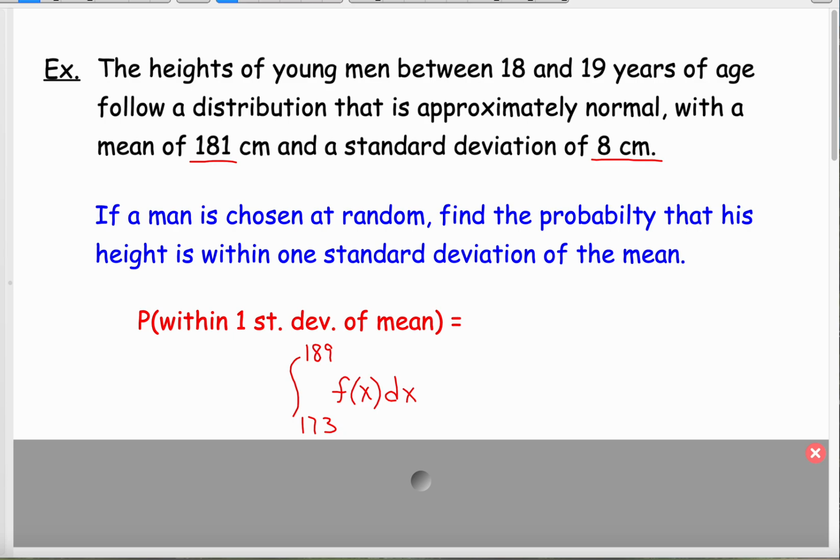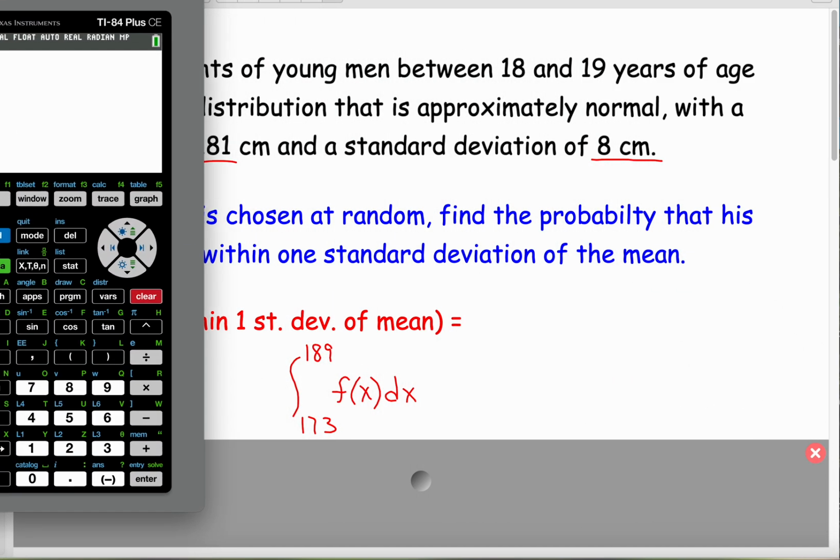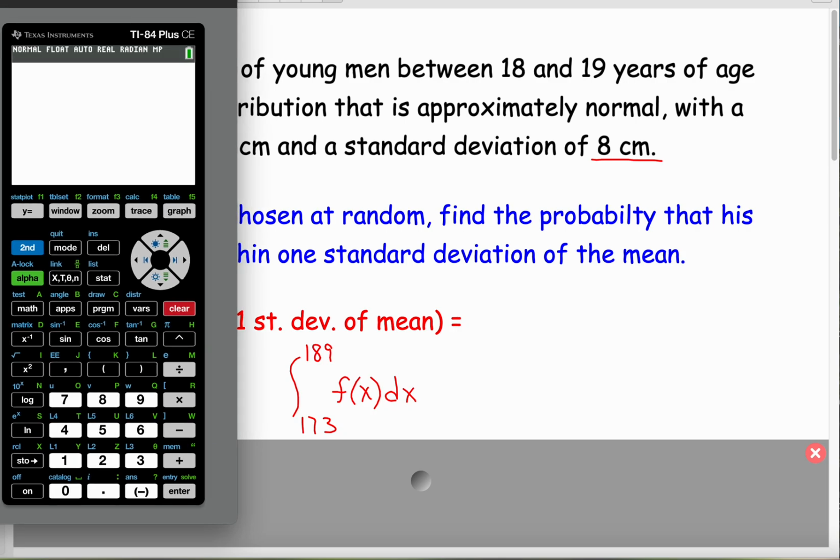So maybe it would be a little easier if I use my calculator. I'm going to go to the distribution menu, and do a normal CDF. My lower is going to be 173, and my upper is 189. Then I put in the mean, which was 181, and my standard deviation, which was 8.